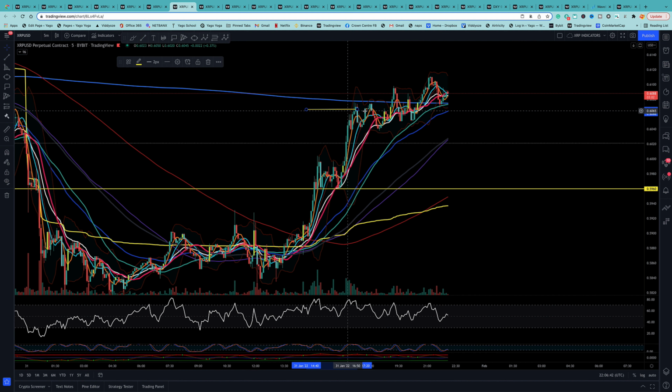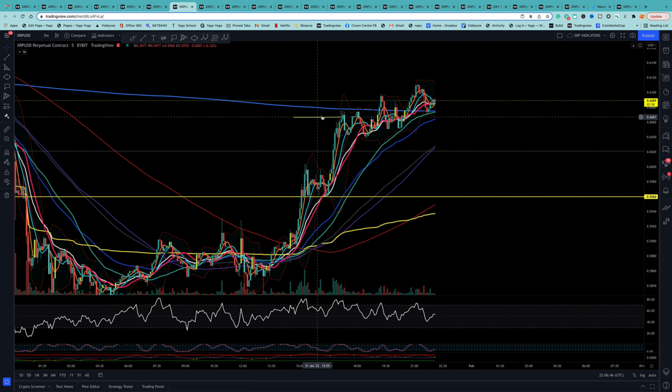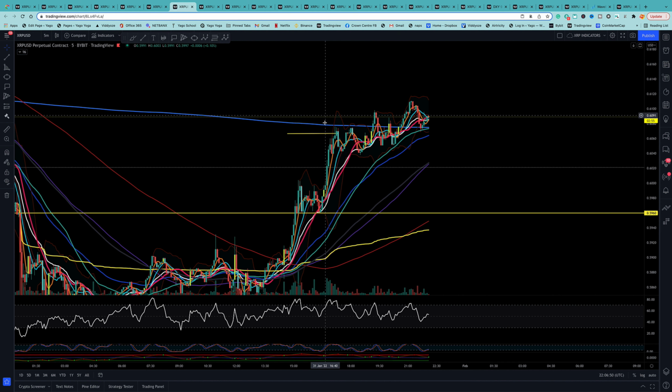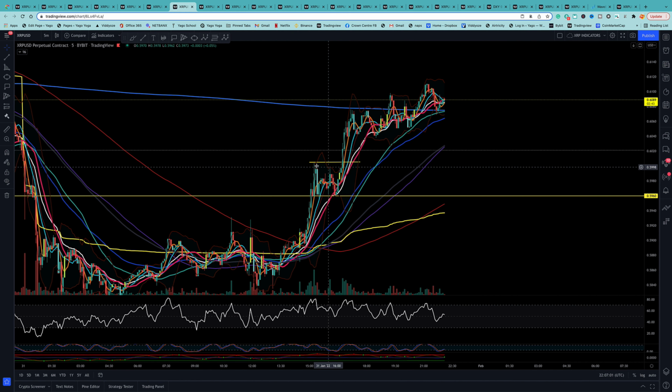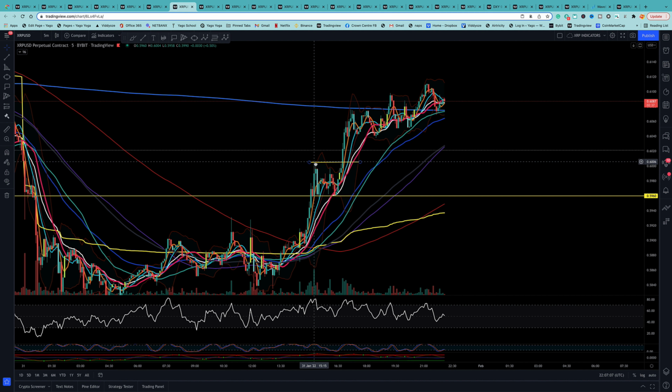Let's pull it down a little bit more. I'm going to exaggerate it on purpose. You went in here, and then it came down, and then all of a sudden it's going back up. So your entry point is 60, let's say 60 cent.